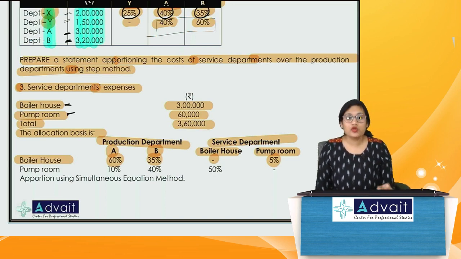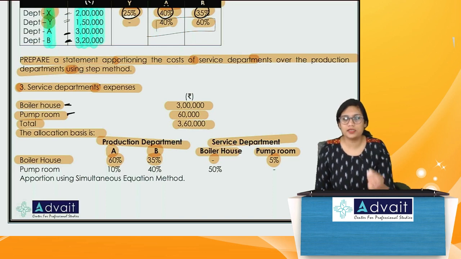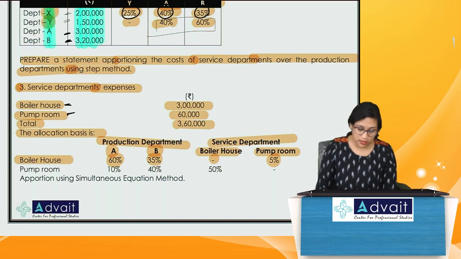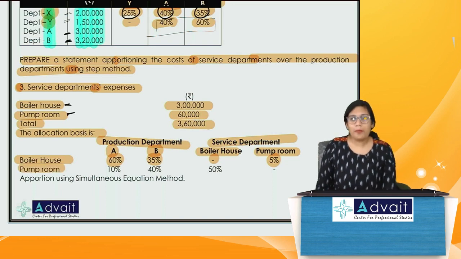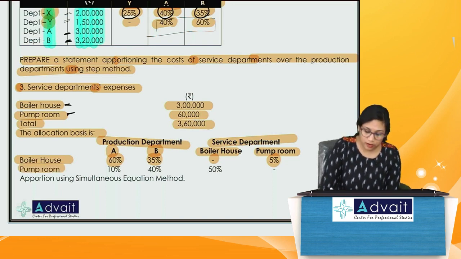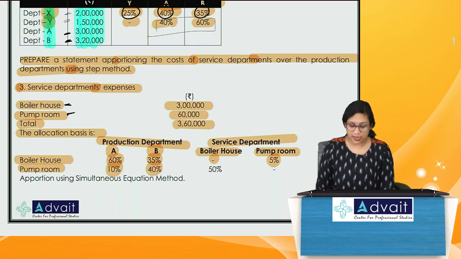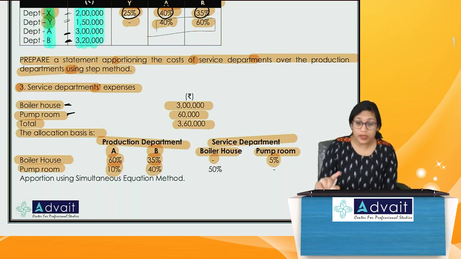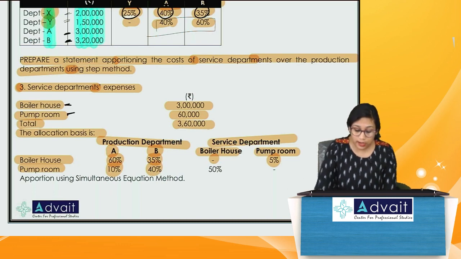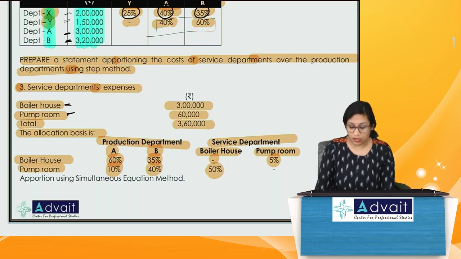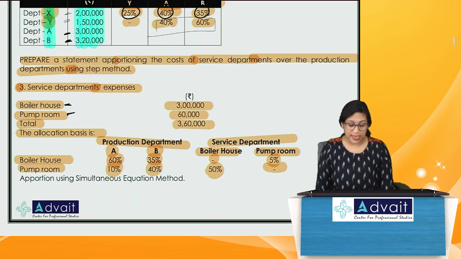So boiler house is serving pump room, very clear, because some part of the expenses are going and getting allocated to pump room. Similarly, pump room is going to serve A 10%, B 40%. Pump room is also serving boiler house 50%. Obviously, it will not serve itself.